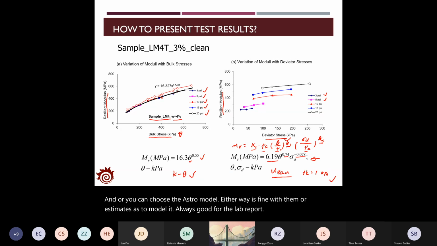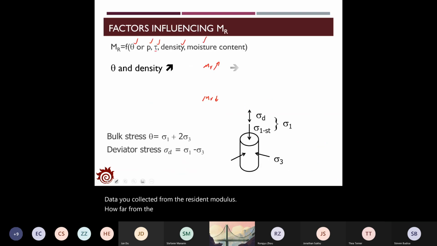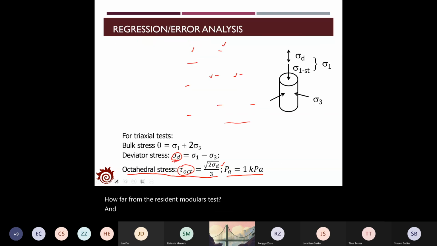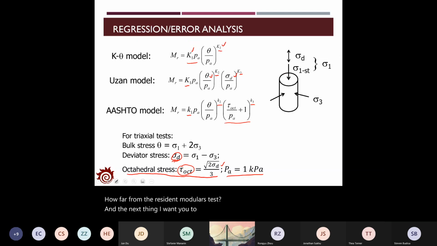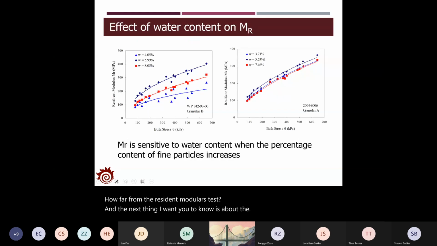So that's the analysis of the data you collect from the resilient modulus test. And the next thing I want you to know is about the effect of the water contents on MR values.